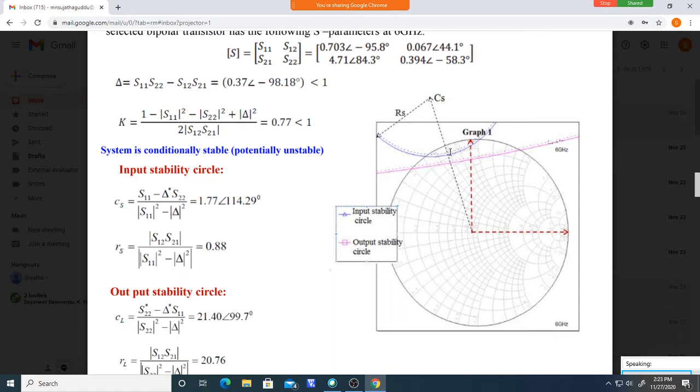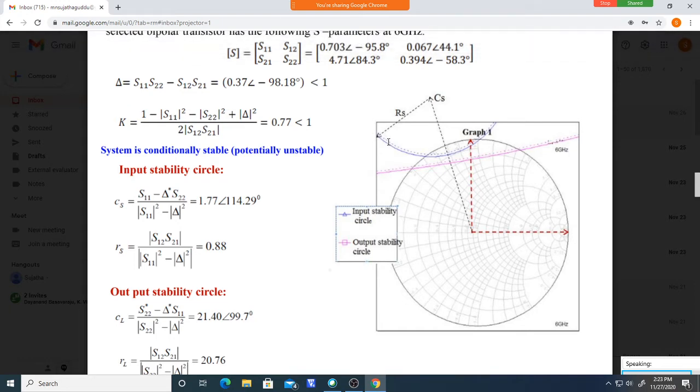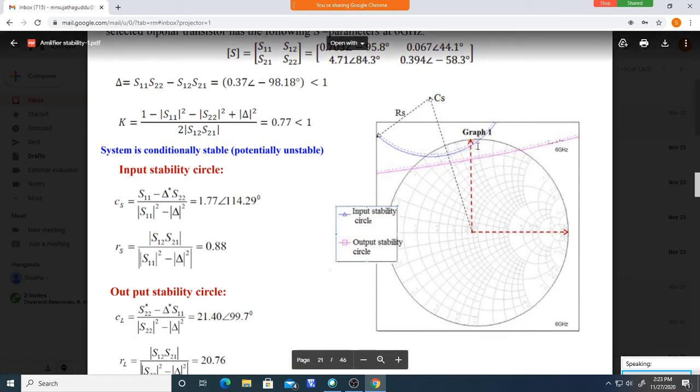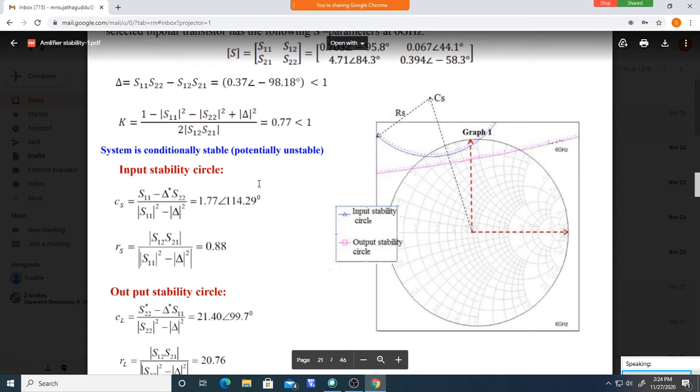You should not take a value of constant gain circle lying inside this. That's why we have drawn this input stability circle. By drawing that, you came to know you should not use these values. You can use any value outside that, from here to here, but only here below, not here. That is from the input stability circle.